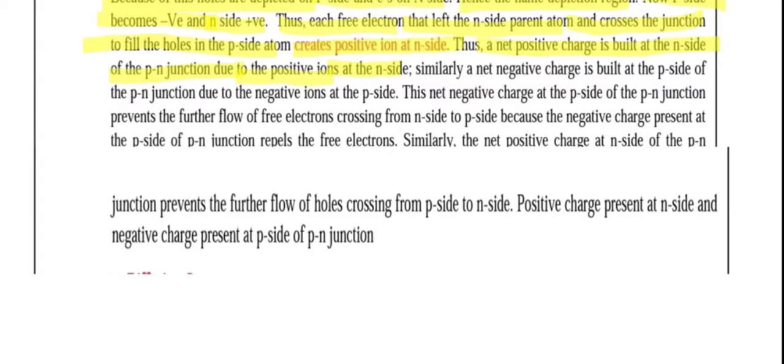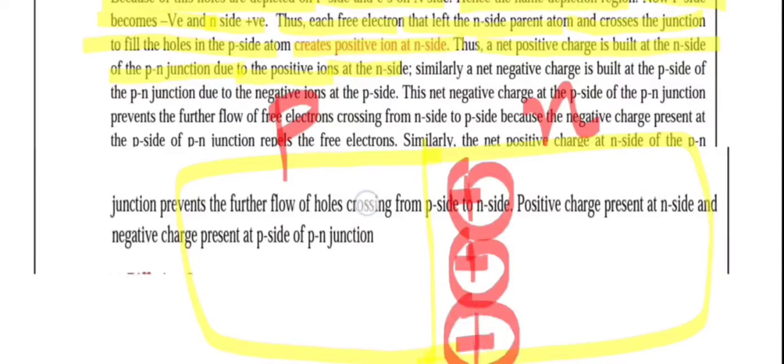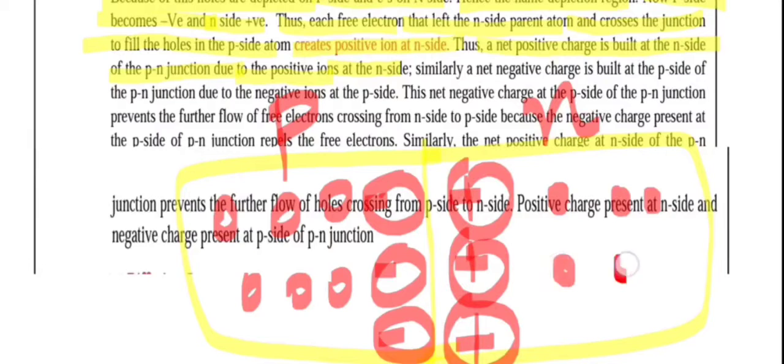So we have seen in the p-n junction, this is our p and this is our n. So holes and electrons combine, leaving behind positive charges here and negative charges here, and we have more holes in the p side and more electrons in the n side.